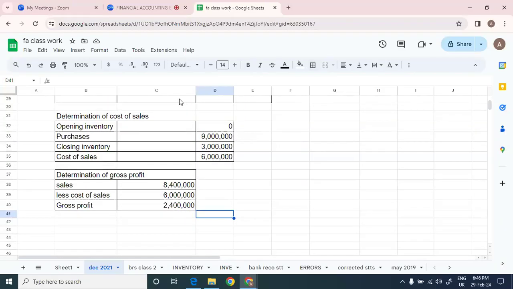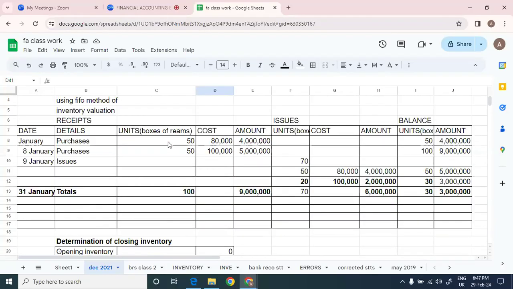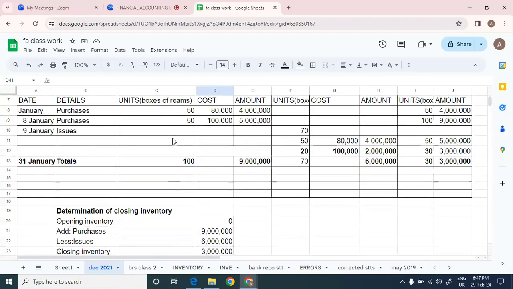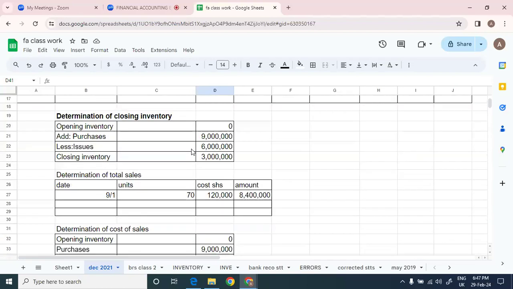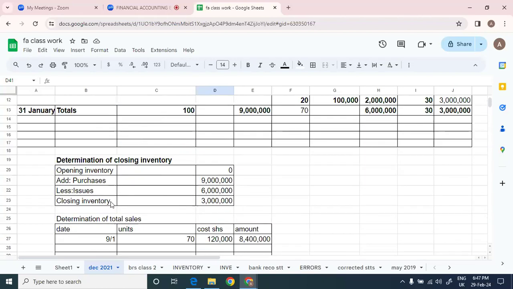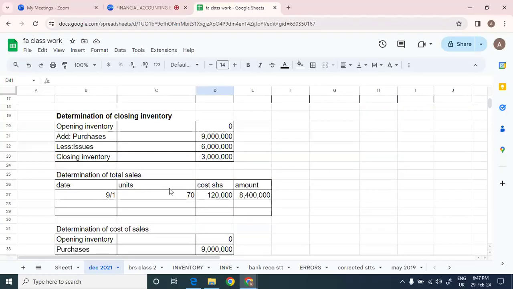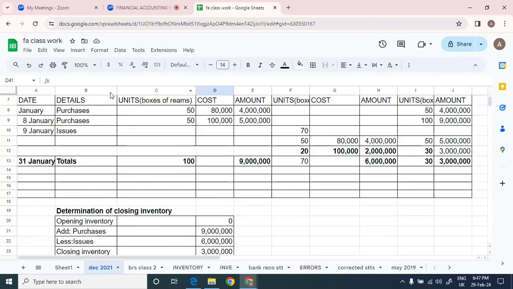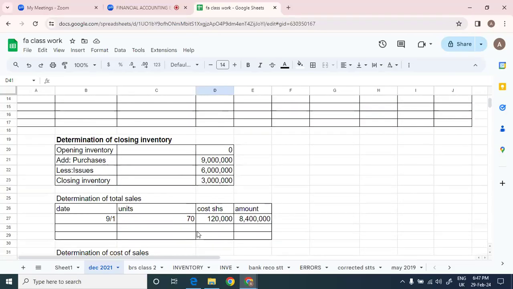Go on to do the way we are doing. If you do your own things, then you expect other results. Because now look, how many minutes have I taken to determine the closing inventory, the total sales? Just look, in 3 lines, 3 lines, 3 lines. So far, all of this takes 3 marks.